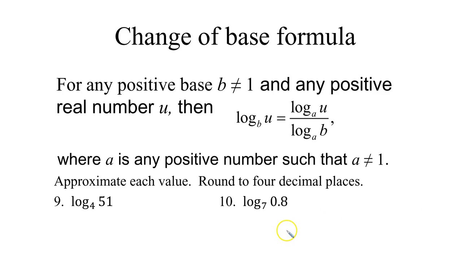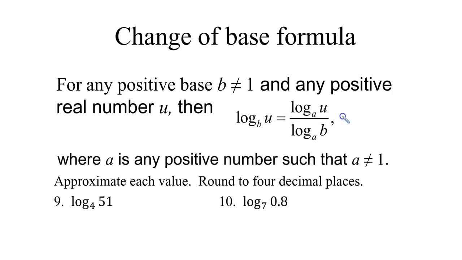The next thing we're going to talk about is how to evaluate logarithms that are not common logarithms or natural logarithms using our calculator. And for that, we're going to use something called the change of base formula. So the change of base formula tells us that for any positive base with a positive expression, we can rewrite this as the logarithm of some particular base of this u divided by the same logarithm of the base.